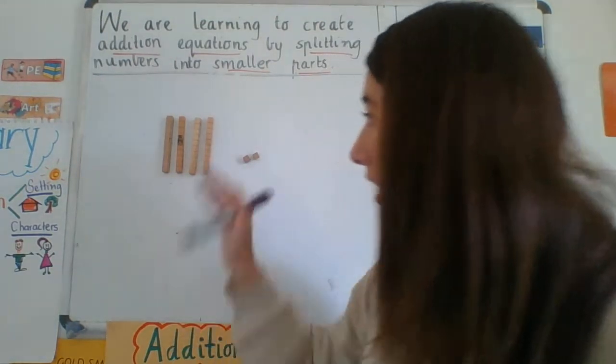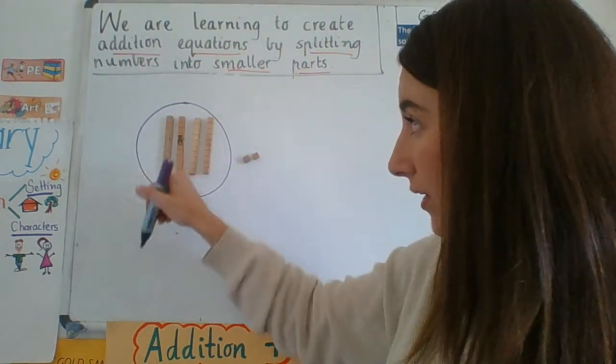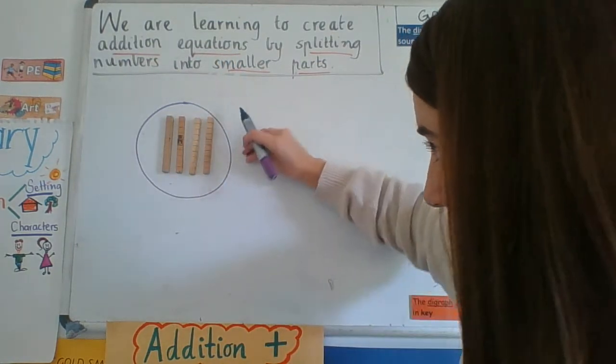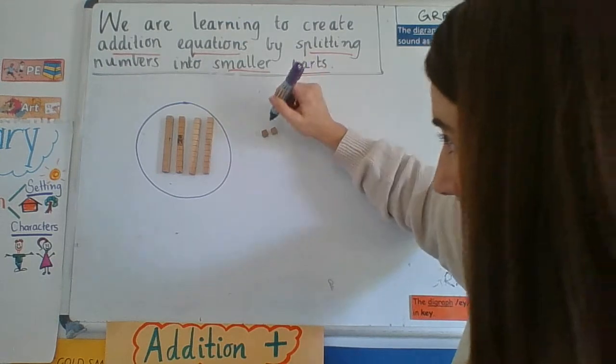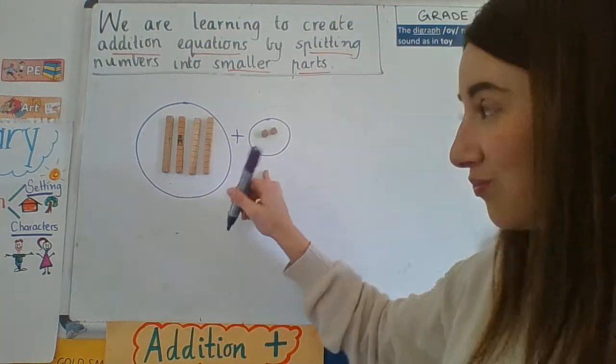So, here I have 10, 20, 30, 40. Here I have 2, okay?